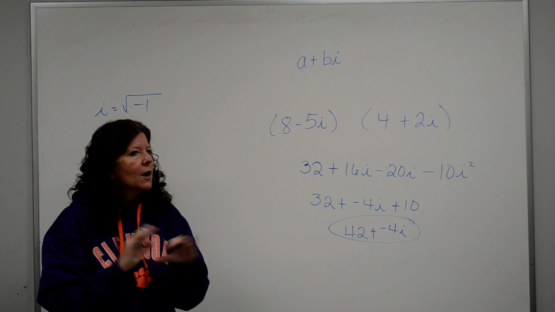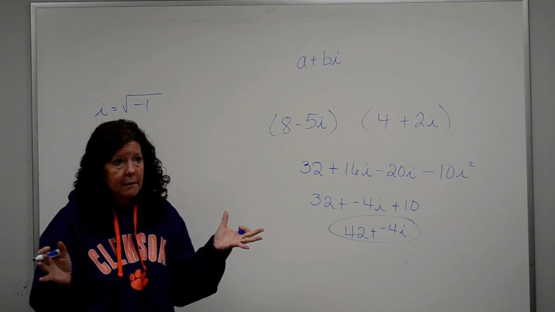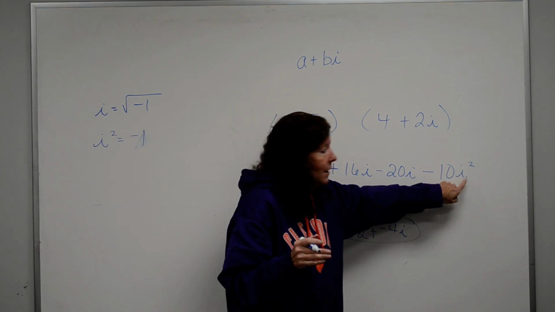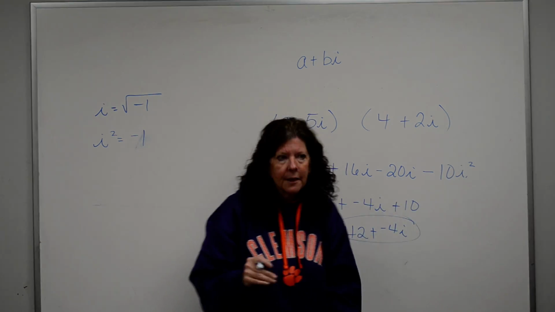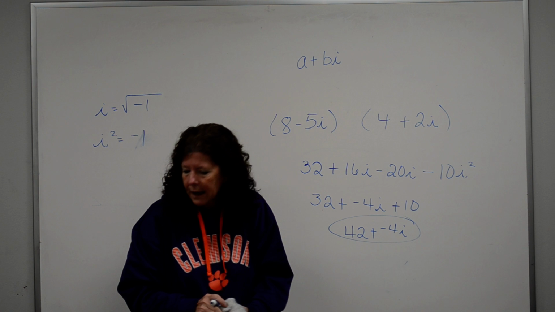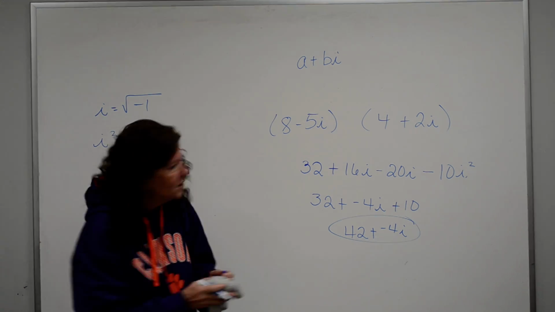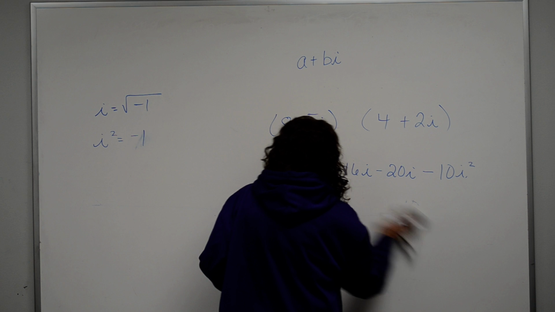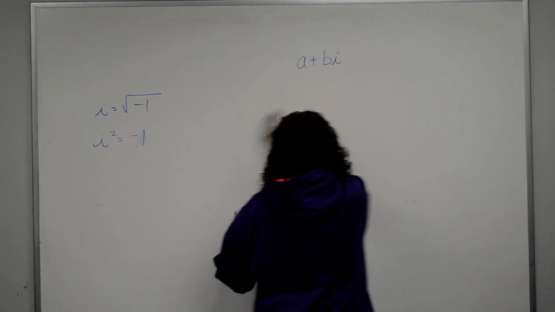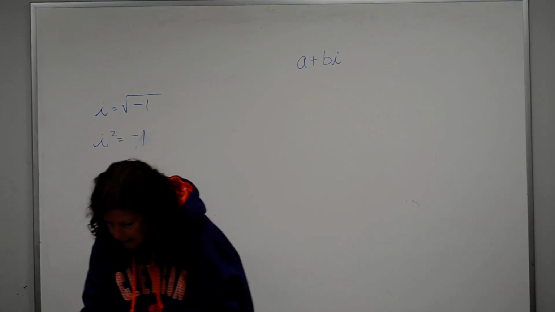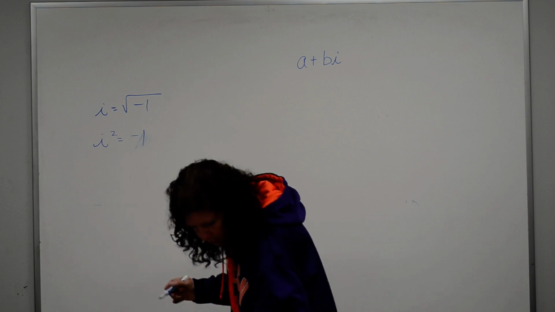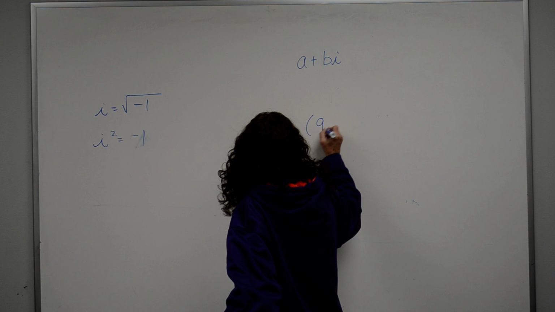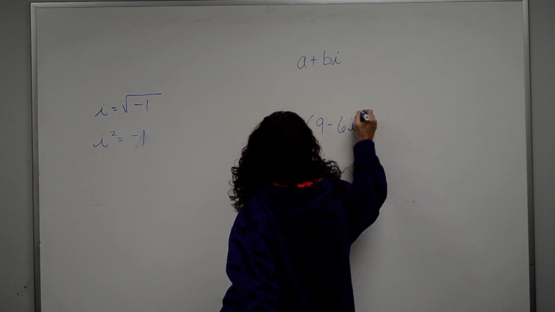Okay? There's nothing hard about it. Okay, you just got to remember, that's a big no-no. You cannot leave the i squared in the problem. It has to be converted back out. All right, I'm going to give you one to do, and then we'll go forward. Actually, let me give you two to do.